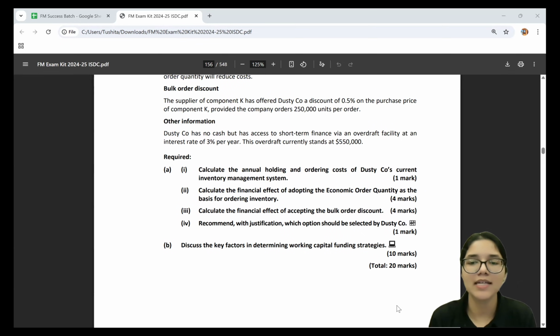Tell me, what sets them apart? You can unmute and answer as well. What's the difference between funding and investment strategy?